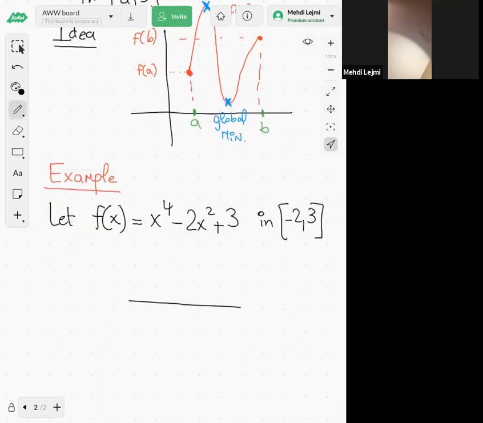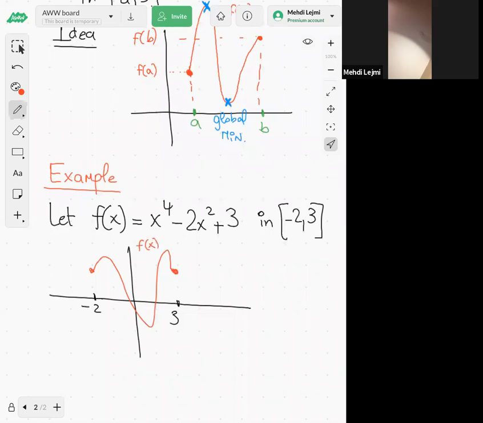So you can imagine the graph of f of x would be something like, let's say this is -2, this is +3, and here's your f of x.